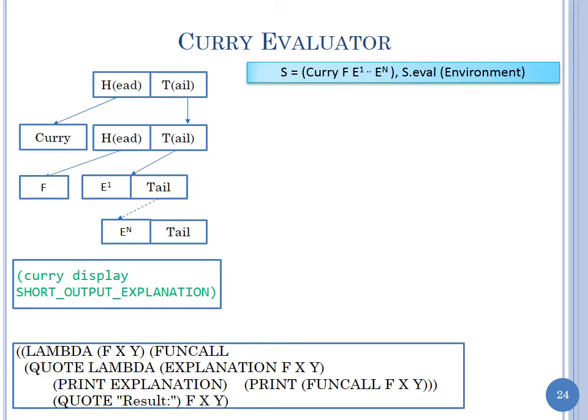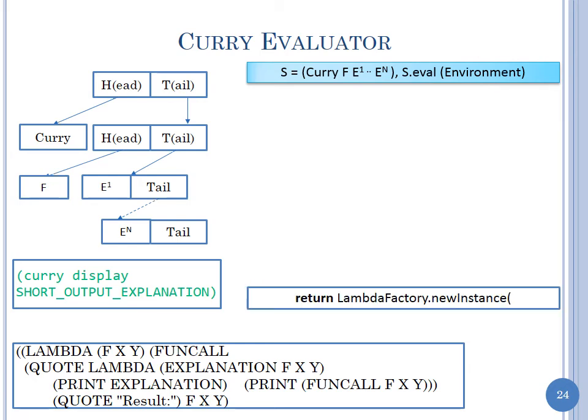So what are the various steps I need to take at this point? Let's look at what we're returning. We're returning back a lambda. How do we create a lambda? Okay, so the very last step is a lambda factory, which needs curry lambda args and a curry lambda body. Now the question is, how do I get the curry lambda args?